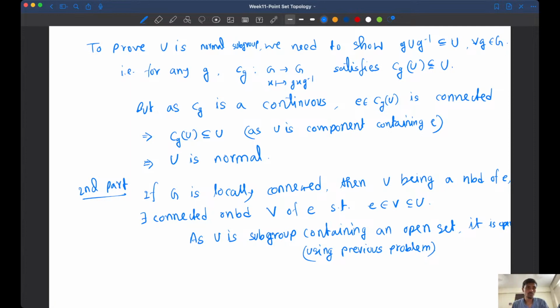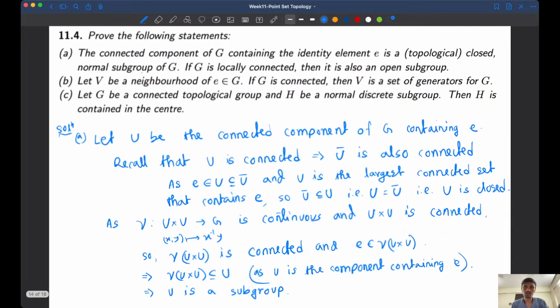Okay, so next, we're short of time, so I'll just quickly go over the idea. Suppose V is a neighborhood of E, and if G is connected, then V is a set of generators for G. The idea is exactly like previously, where the subgroup generated by an open set is again open.